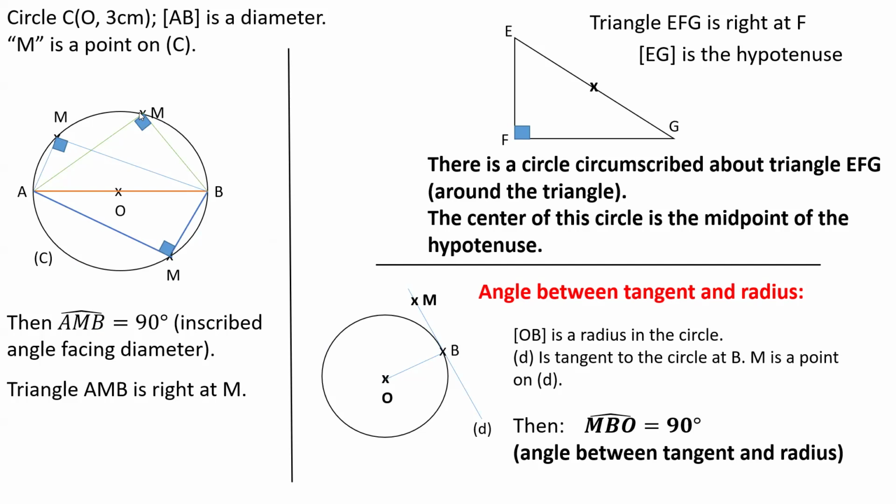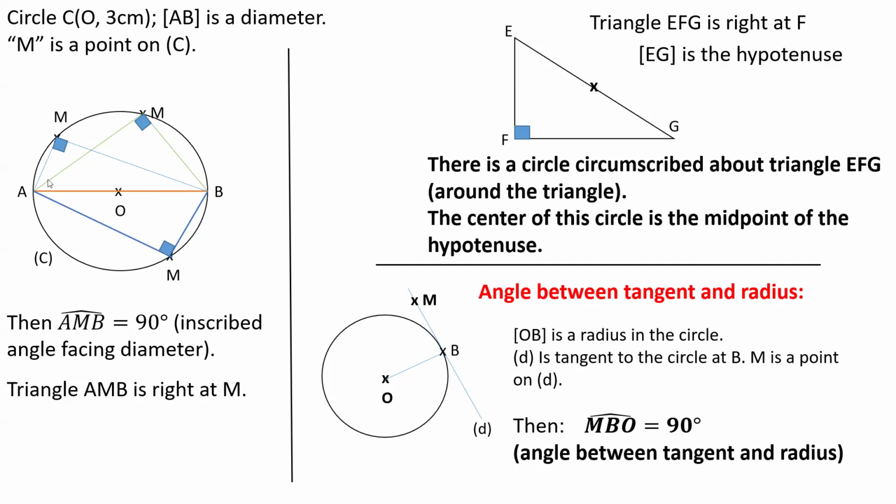Now, after taking M on the circumference, and since AB is a diameter, angle AMB is equal to 90 degrees. It is an angle facing the diameter. It's called an inscribed angle facing a diameter. It's always equal to 90 degrees.